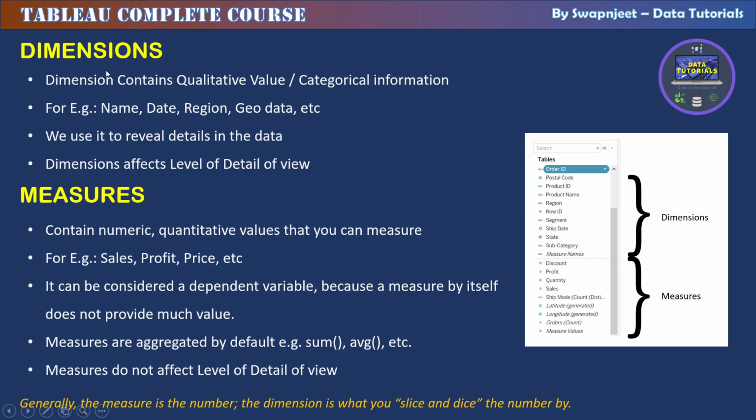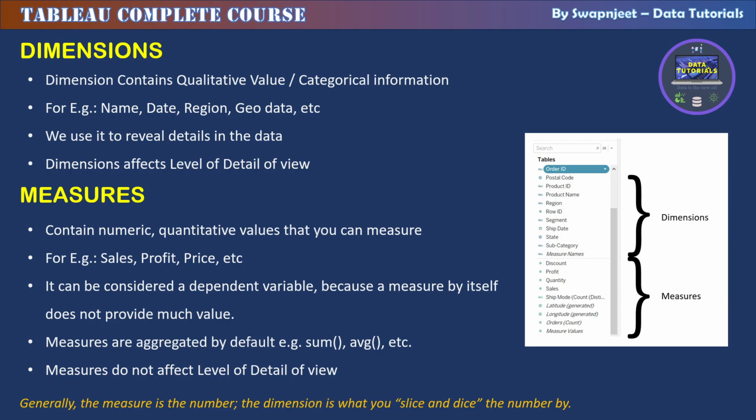So dimensions, right? If we consider a theoretical definition, dimensions contain qualitative values or some categorical information, right? Always remember, whatever values are present inside a dimension are not dependent on each other, right?